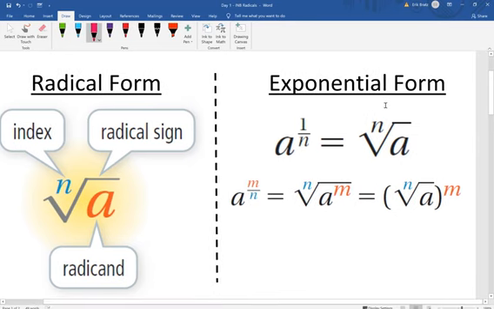Now, if we take a look over here on the right side, we can see how we can take a fractional exponent and write it in radical form, or how this transformation occurs. If you have a to the 1 over n, so it's basically saying if you have a fractional exponent, you can rewrite it where the denominator is your index, the number that goes on the outside.